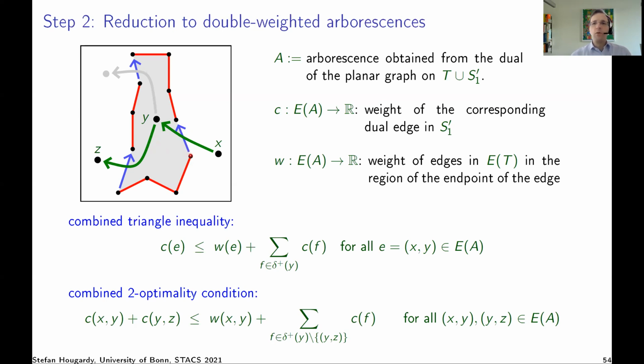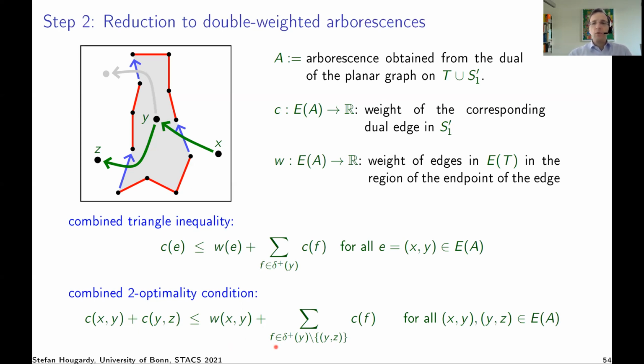For these two edges, we can apply the two optimality condition, which tells us that these two blue edges are at most as long as the connections of their tails and their heads. And these two connections we can bound in terms of edges on the boundary of this region that we see here. This will then yield the second inequality, which is the combined two optimality condition.